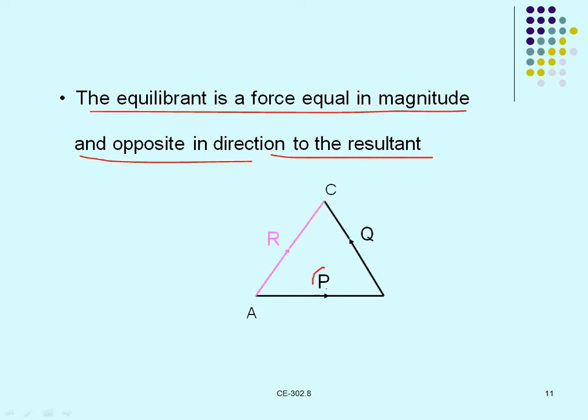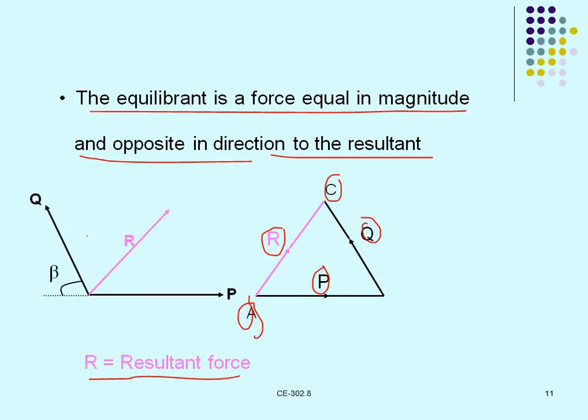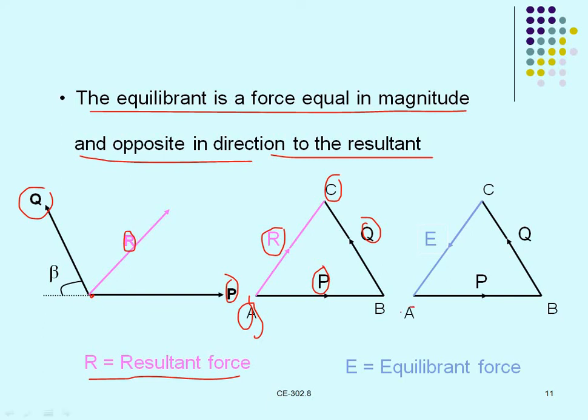Therefore here P, Q and R show the points A and C, where R is equal to the resultant force, and here we can see the forces P and Q are opposite in direction from the resultant R. In this also we can see A, B and C. So E is the force acting downwards and here the resultant is upwards.